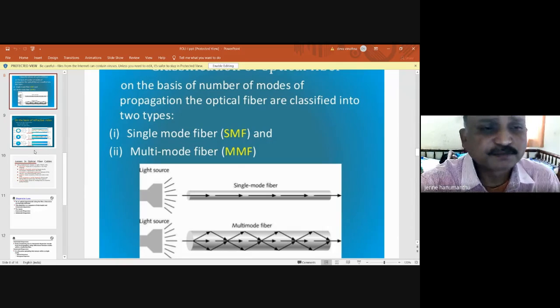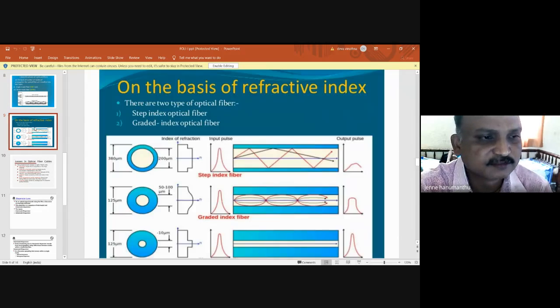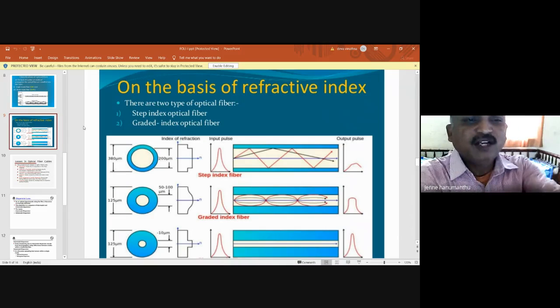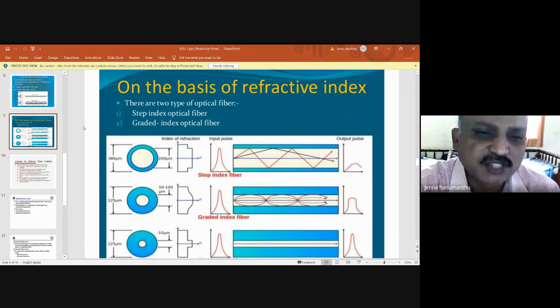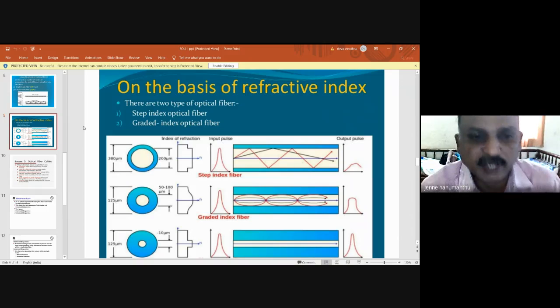Sometimes, we go for the next slide. Okay. See, sometimes we use certain types of fibers in order to reduce the losses. Generally, design is very important.